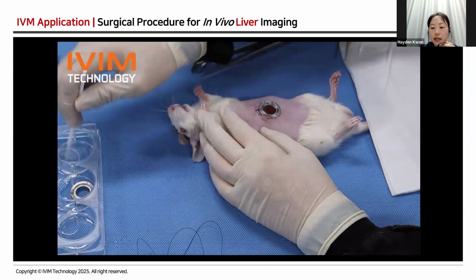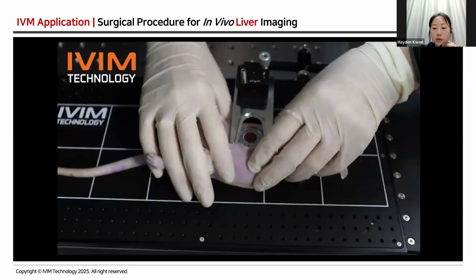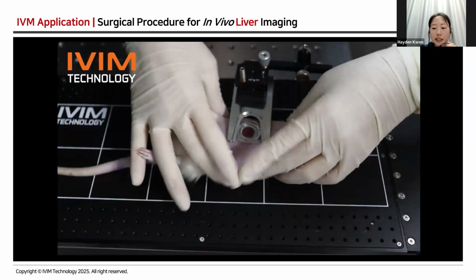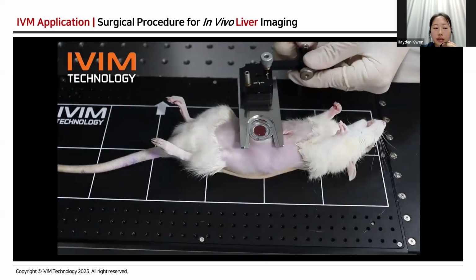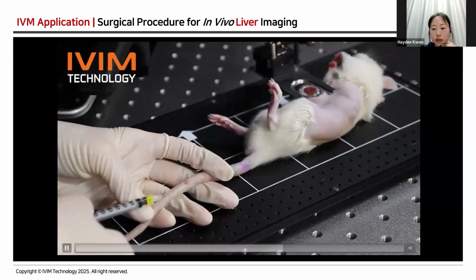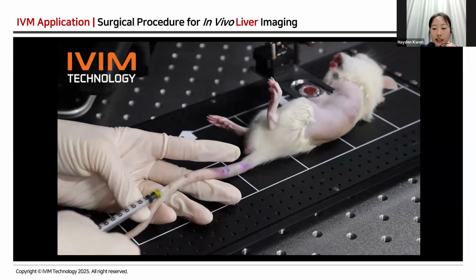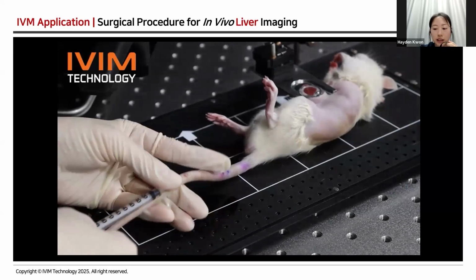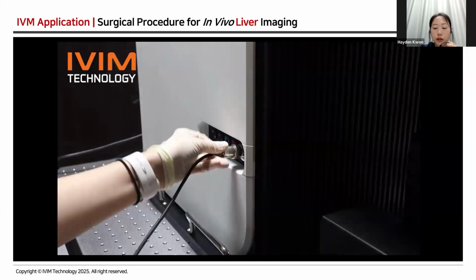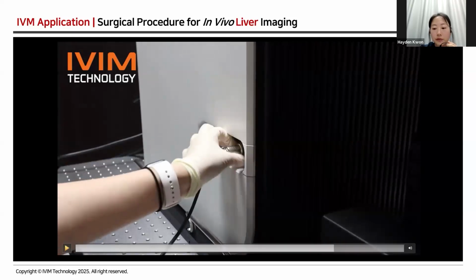So after completing the abdominal imaging window implantation, this rat was placed on the free space system's mounting stage, and the abdominal imaging window was securely fixed with the holder. And the FITC dye was then injected via tail vein injection to visualize the blood flow, and also to maintain the physiological condition stable.